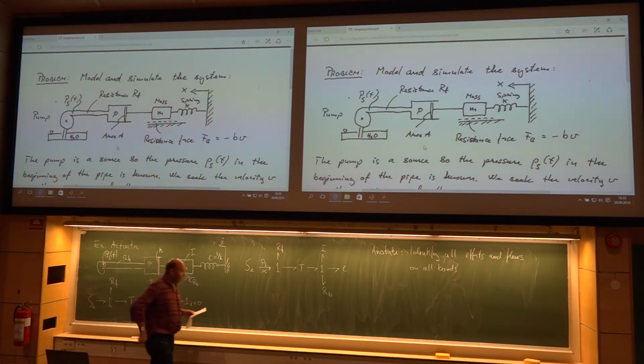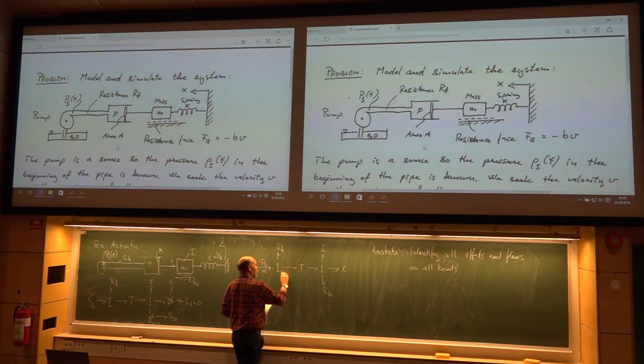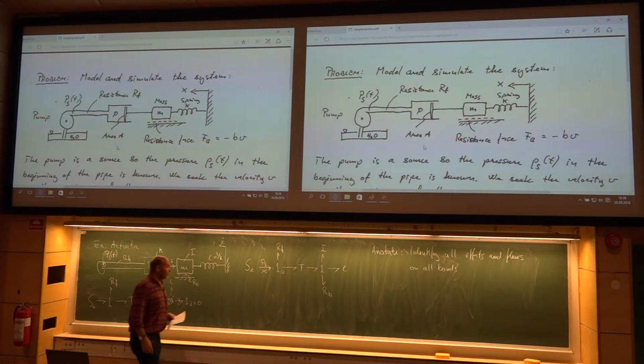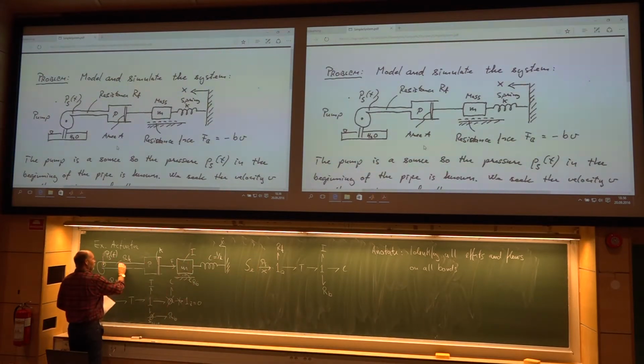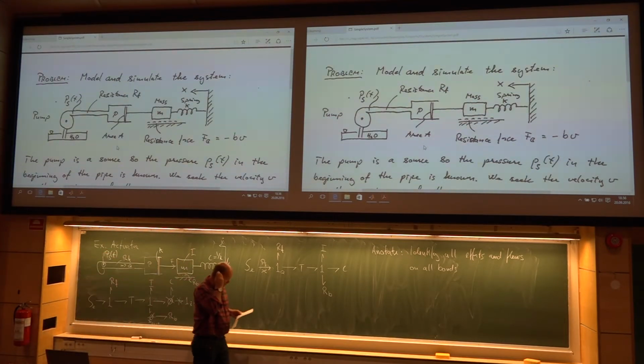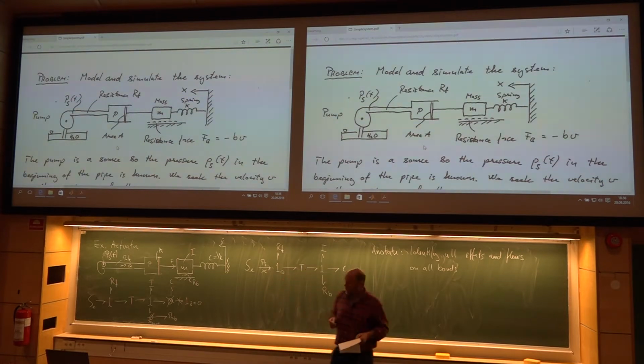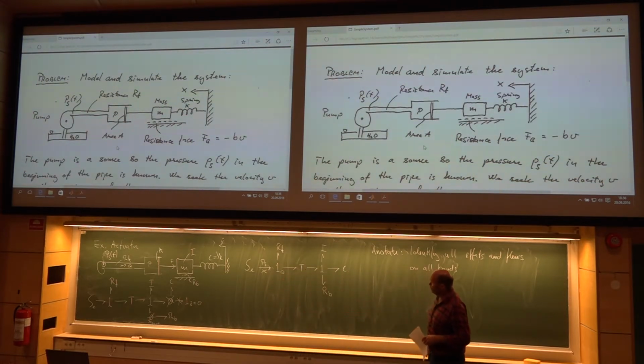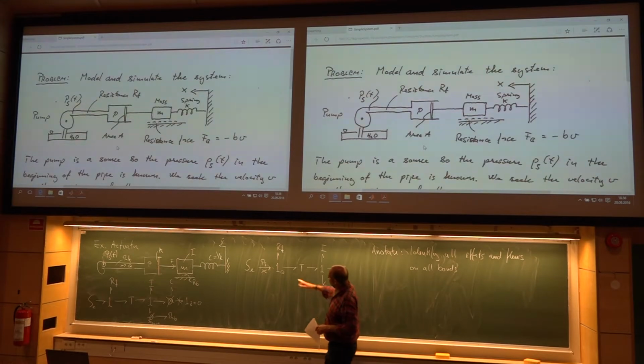Well, we can set up this flow, volume flow Q, going here. Then actually we have one equation already. If we know the volume flow here to be Q, what is the pressure drop on the other side?